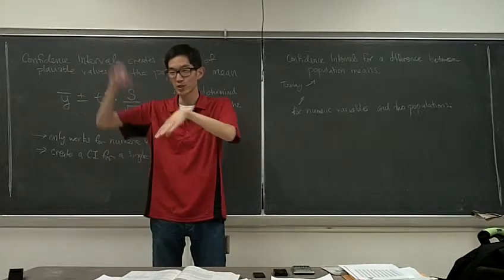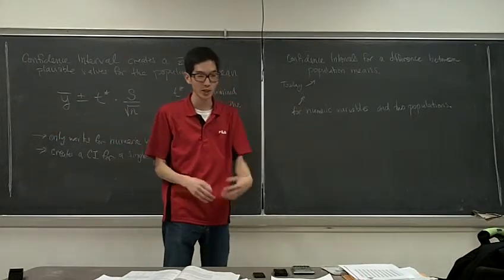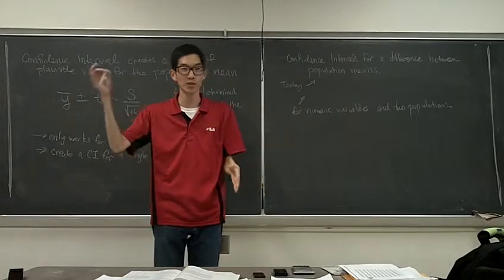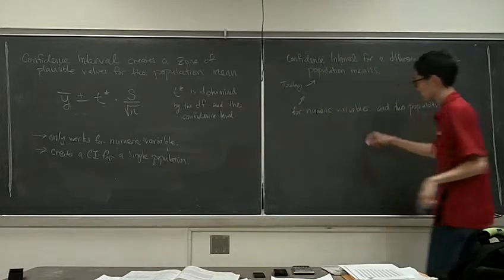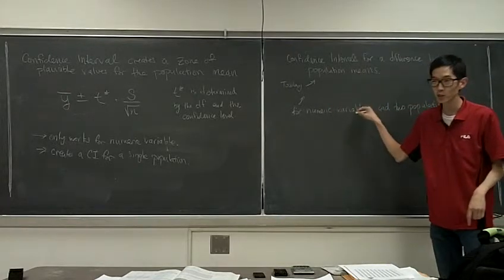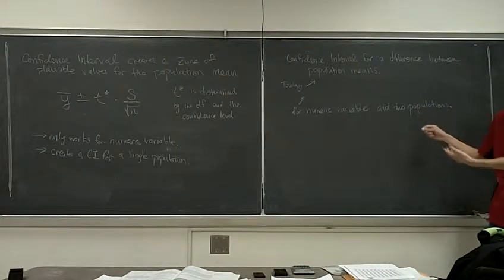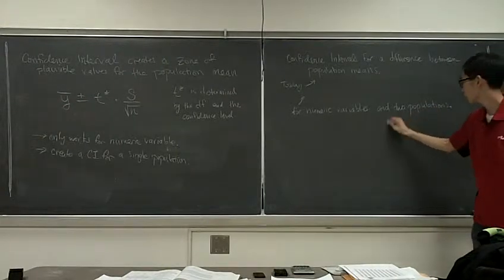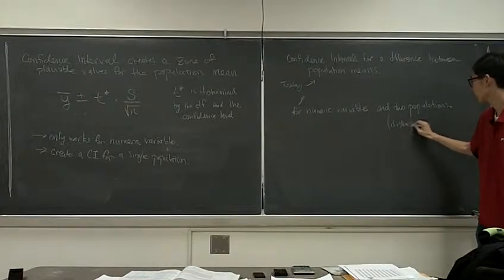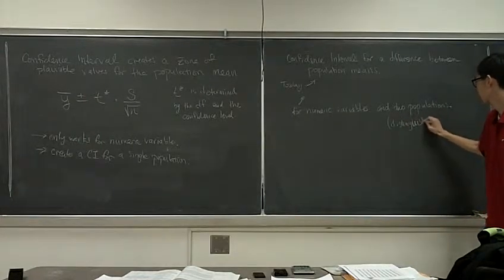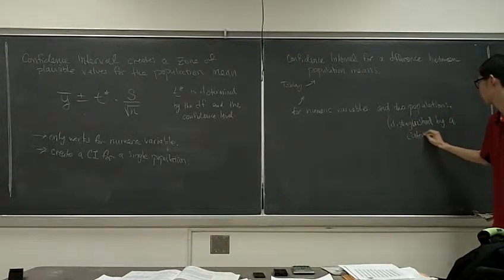Your gender will distinguish one population, the men from the women, or your nationality will distinguish one population from another. So what we're really doing is comparing numeric variables based on a categorical variable. The populations are distinguished by a categorical variable.